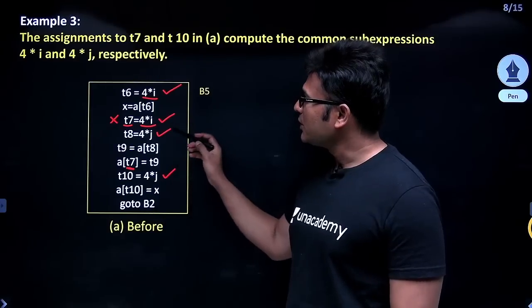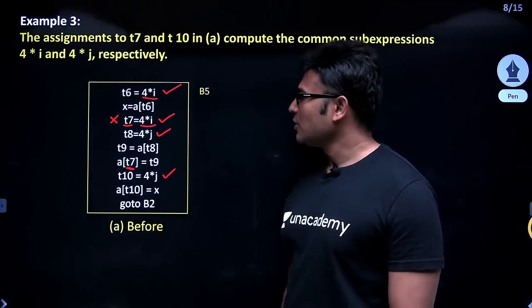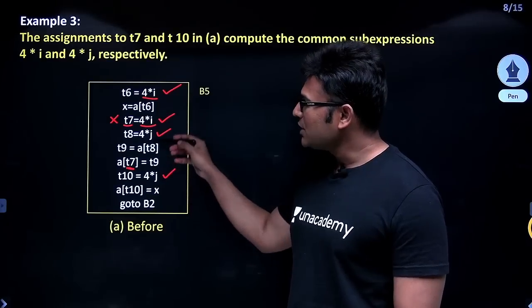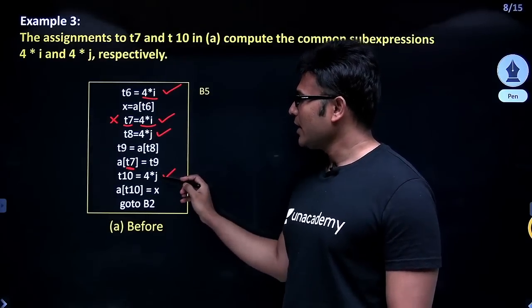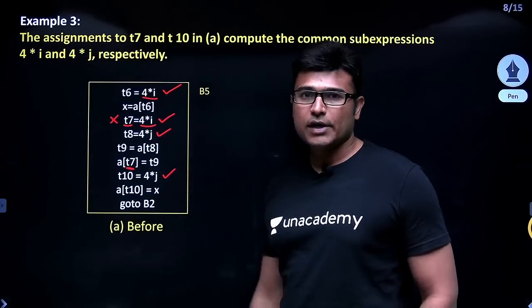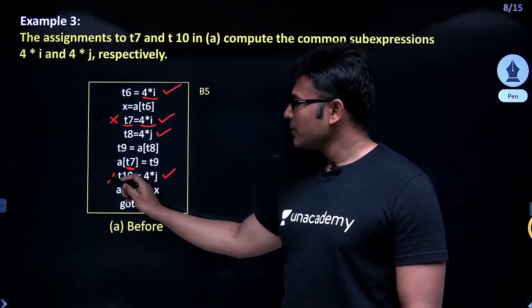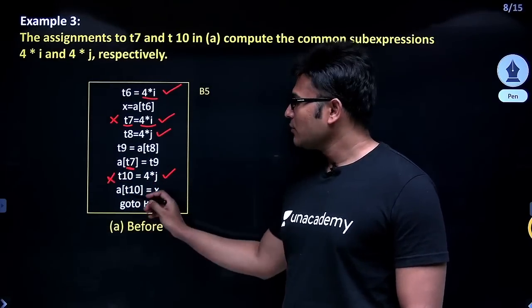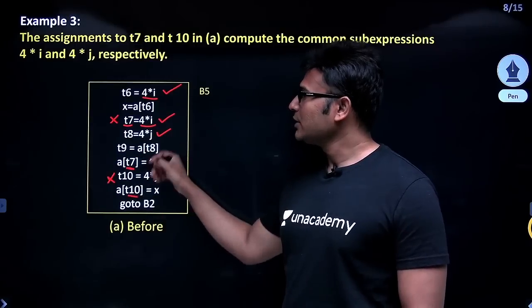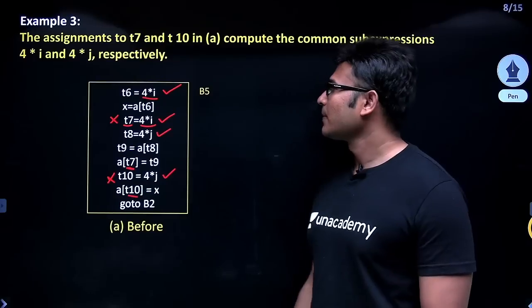Now here if you observe, 4 into J is computed and the value of J didn't change anywhere, and again you are computing 4 into J, right? Therefore again it can be eliminated. So this statement can be eliminated, and wherever T10 is there you can write T8. Got it?